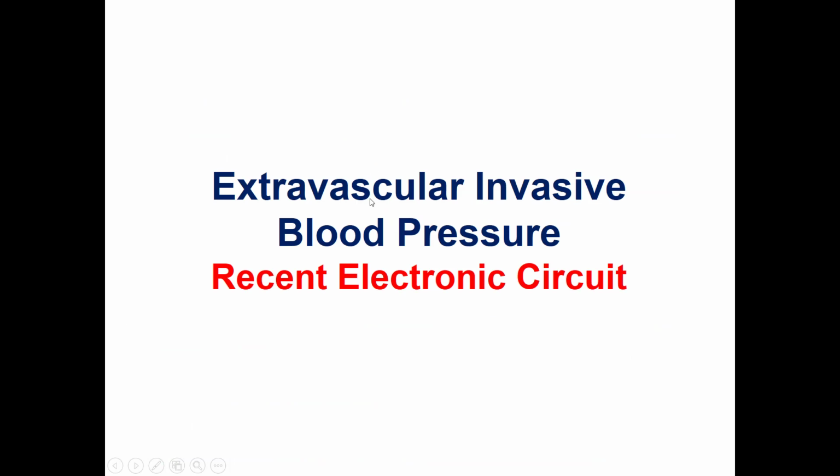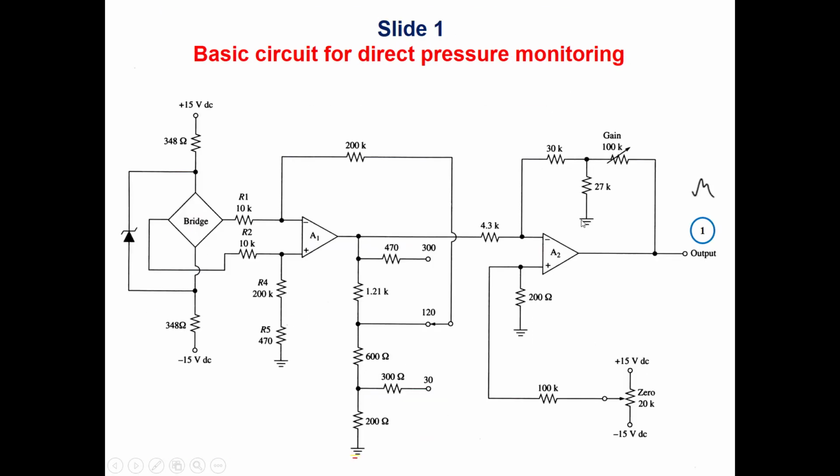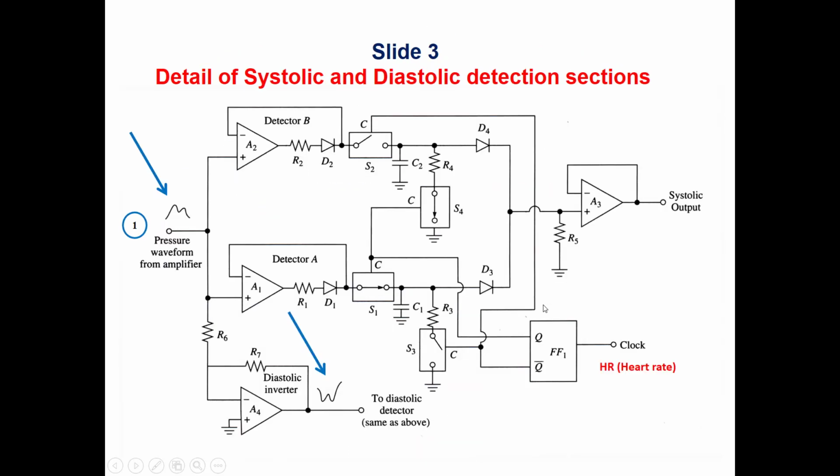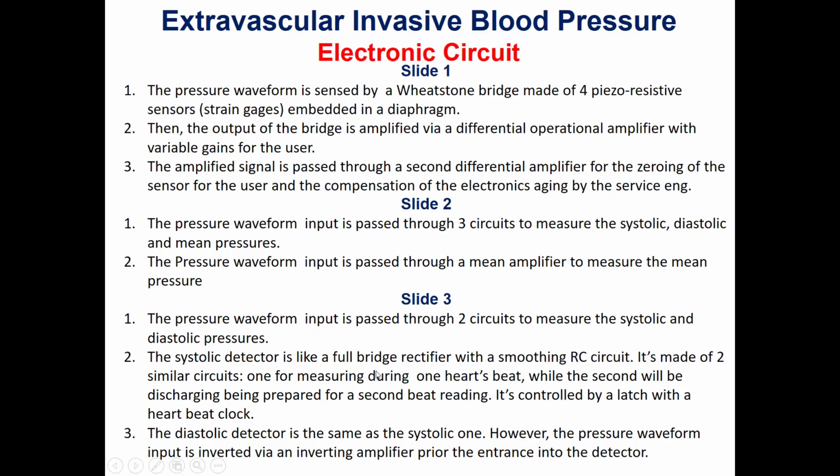As we said, this was the design used prior to having fast analog to digital converters, whereas currently, due to having fast analog to digital converters, we only need this part to have this waveform, and the rest of the signal processing will be done in the digital domain and not the analog domain.